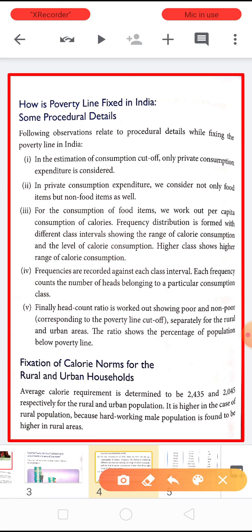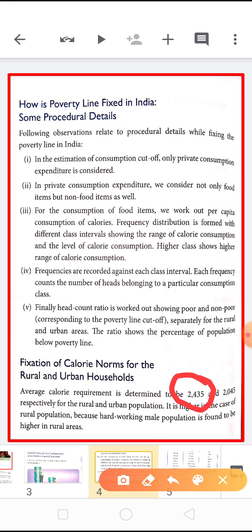Here also, children, you are observing 2,435 and 2,045. These are the minimum average calories fixed for determining the people belonging to the urban or the rural areas.